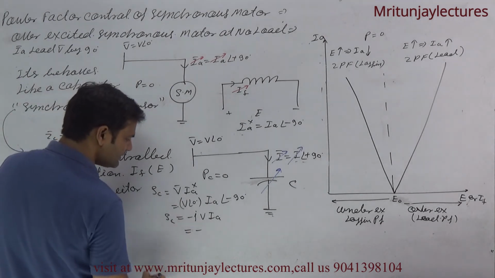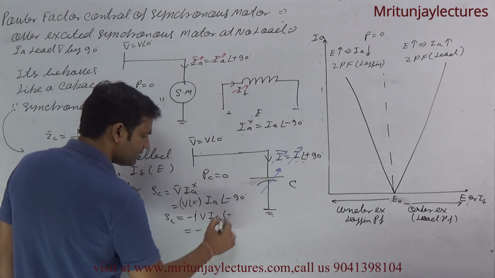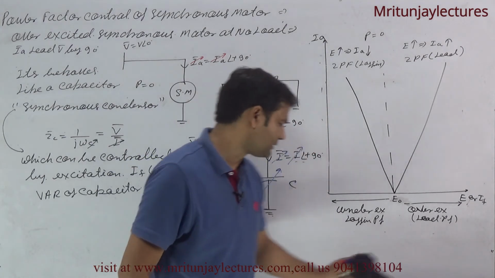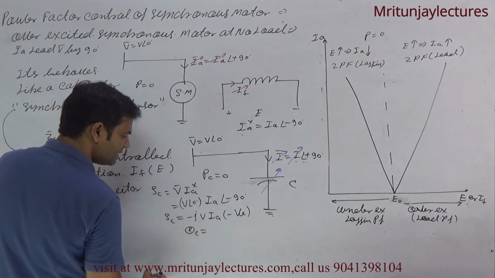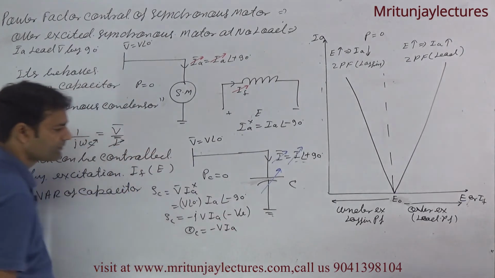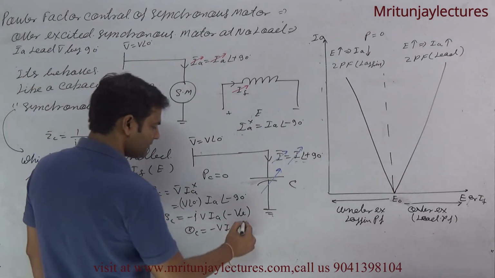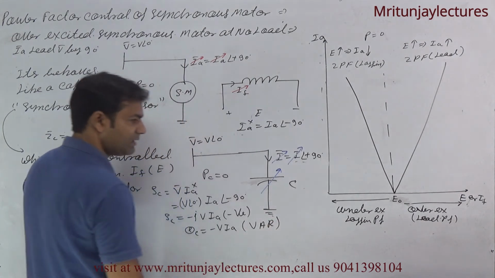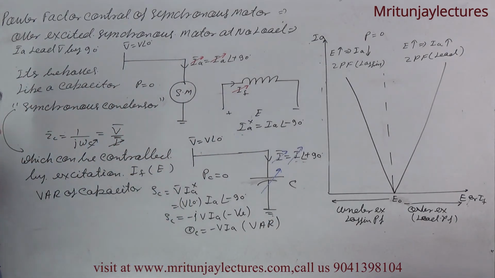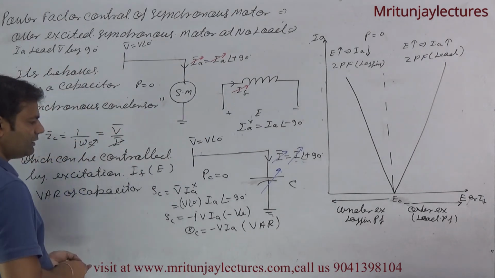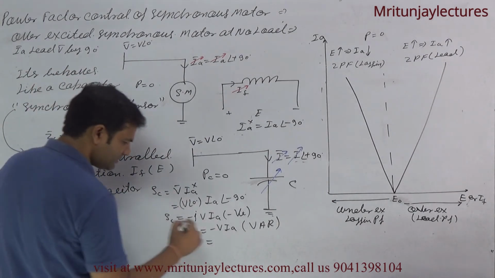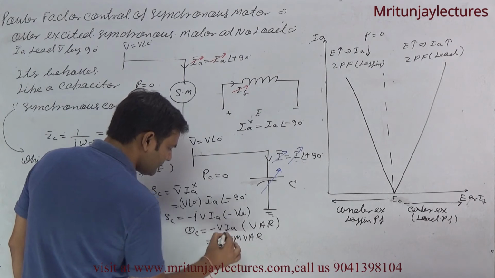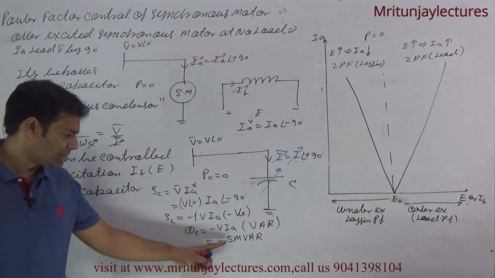It means this behaves as a negative value of Q. QC is written as minus V into IA. That is a negative value of VAR, or you can say MVAR. Now what is the meaning of this? Suppose QC is minus 5 MVAR.